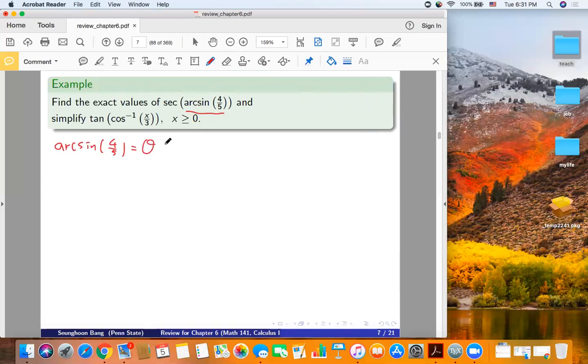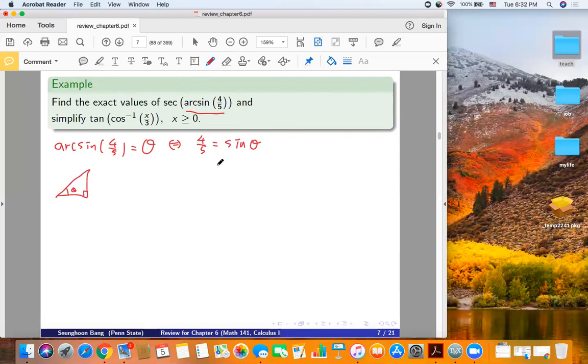This is step one. The next thing, the arcsine is inverse sine, so I want to use the definition. It's the same: 4/5 equals sine theta. The next thing, you can draw a right triangle with angle theta.